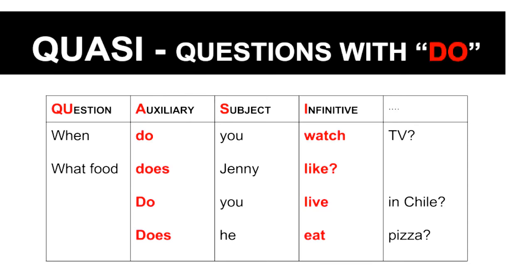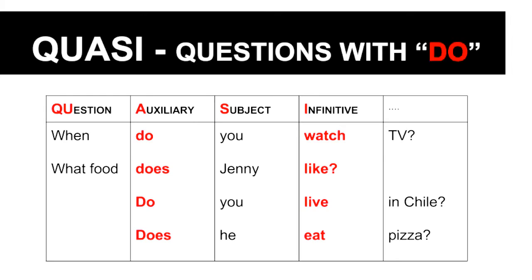When is the question word, do is the auxiliary verb, you is the subject, watch is the infinitive verb, TV is an object. What food does Jenny like? What food in this case is the question word. As you can see, a question word is not only just one word. In this case, what food acts as a question word.